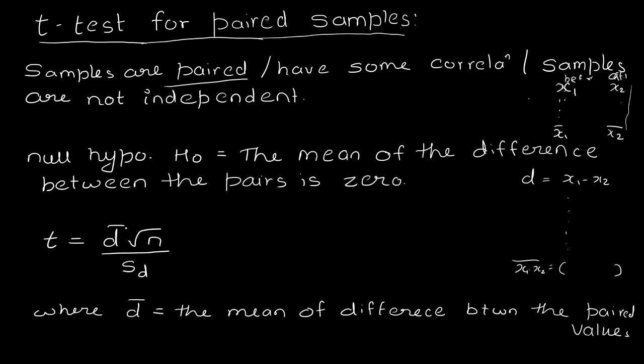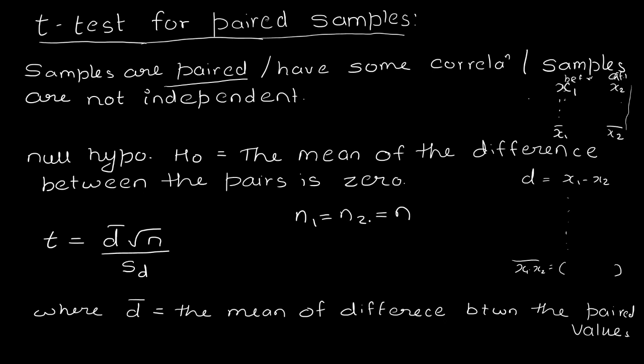In this case, my test statistic t is given by d bar into root n, divided by the standard deviation SD. d bar is the mean of the difference between the pairs. Since the samples come in pairs, n1 and n2 will be equal, that is n.